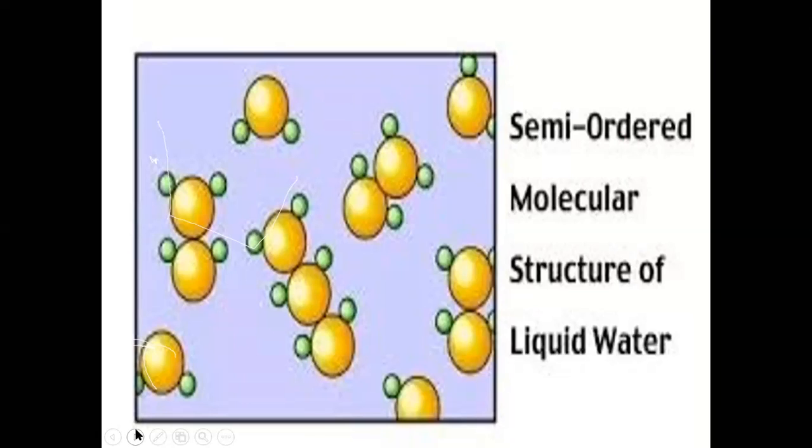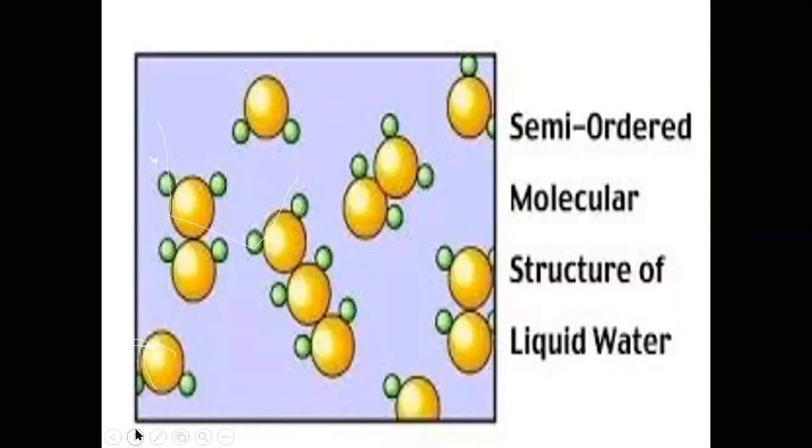So the particles in the liquid state can fairly be described as semi-ordered. Semi-ordered means they have a slight degree of order, but not as much order as the particles in the solid state. So this is a representation of particles in the liquid state.